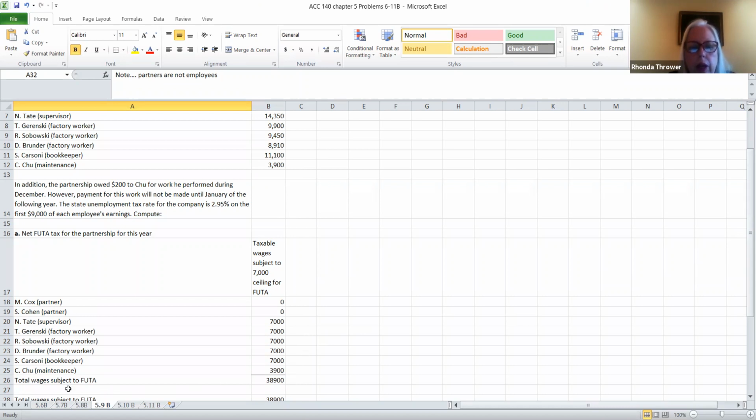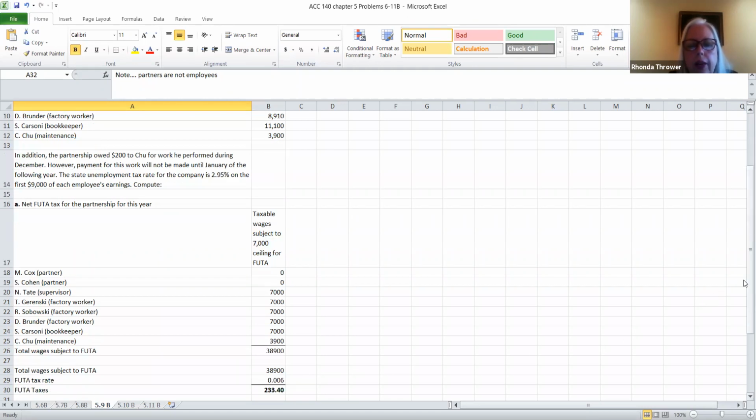The total amount of wages that are subject to FUTA then are $38,900. We would multiply that by the net FUTA rate, which is 0.006, and the net FUTA taxes that they would pay are $233.40.